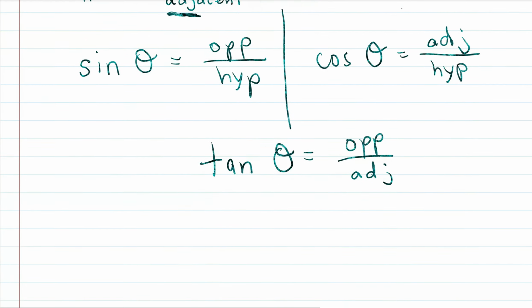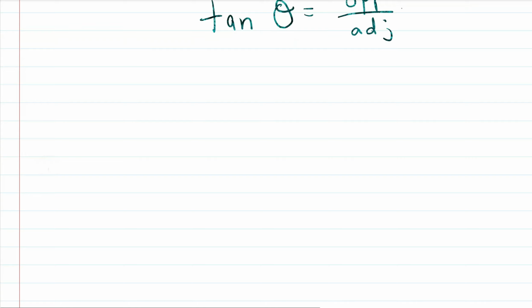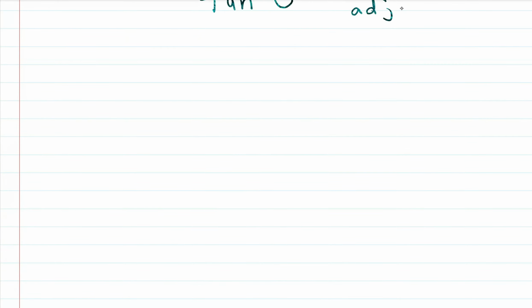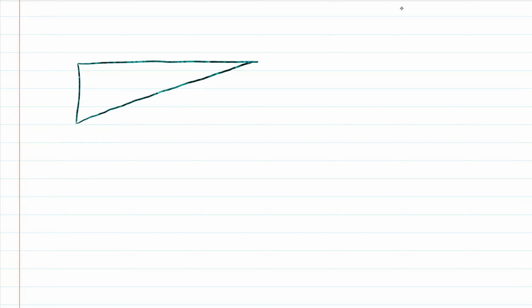Okay, if we move to an example, let's say we have something that looks like this. It's another right triangle. Maybe they'll orient it in different ways, but we know it's a right triangle because of that box right there in the corner. So we know that angle P is 90 degrees.